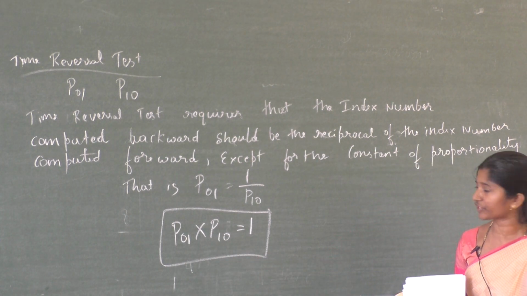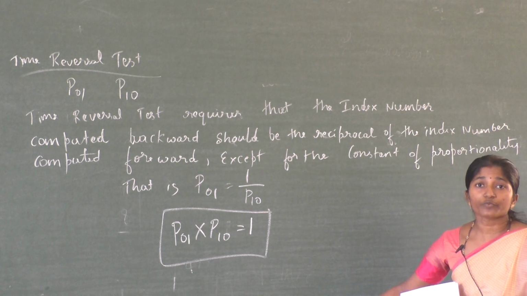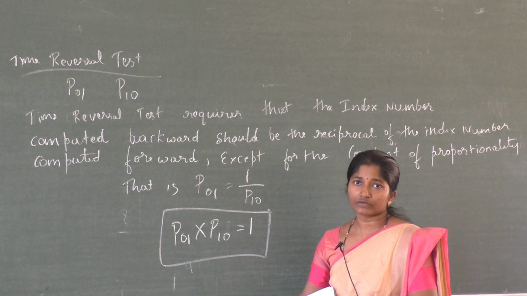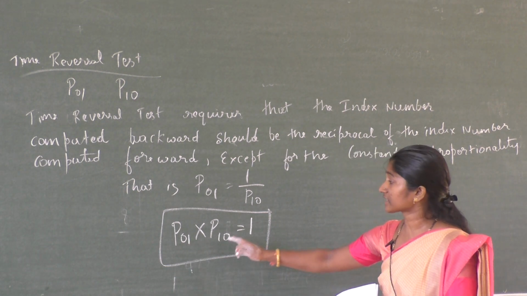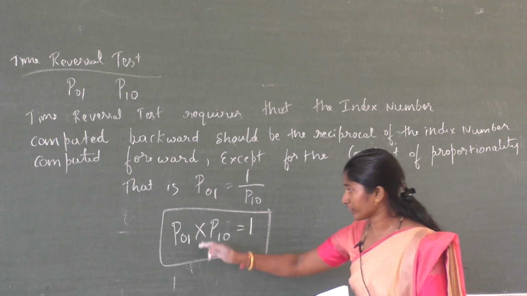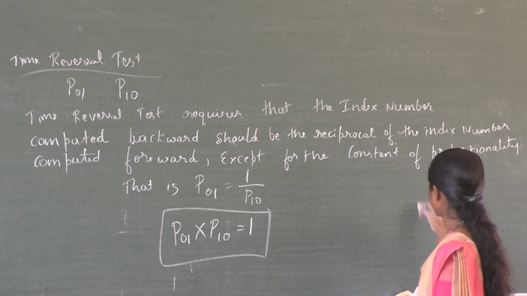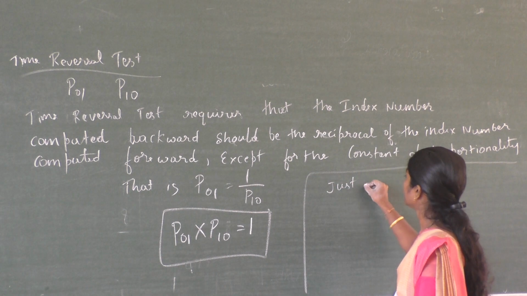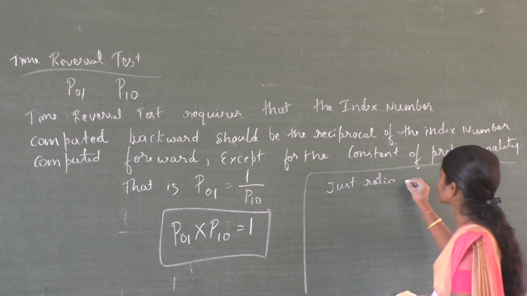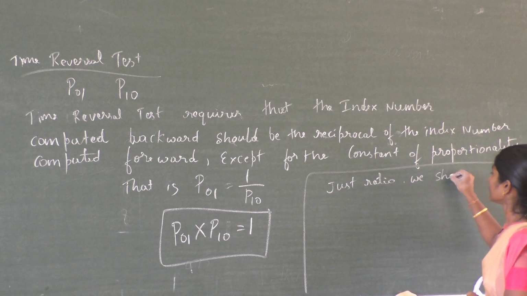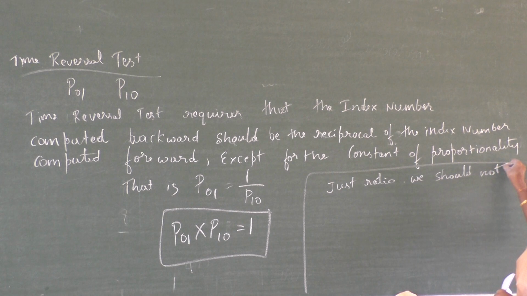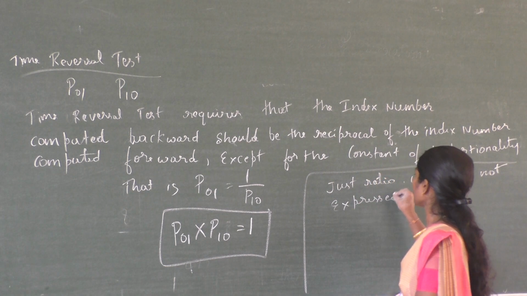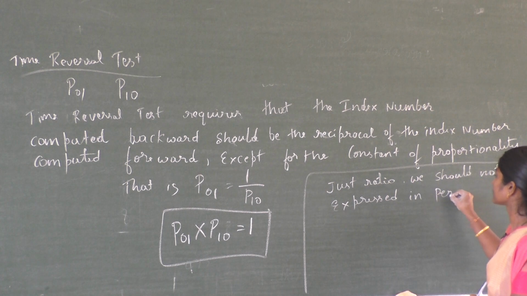We have just interchanged. Our answer should be equal to 1. When we are proving this, we should remember that these are just ratios. We should not express them in a percentage.